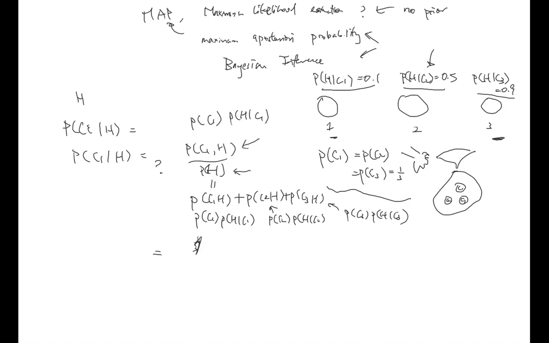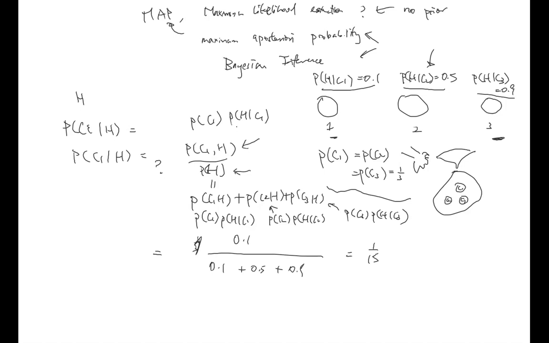In the numerator I just have P(H given C1), which is 0.1. In the denominator I have 0.1, 0.5, and 0.9. So this is actually 1/15. Yeah, I think that's correct.